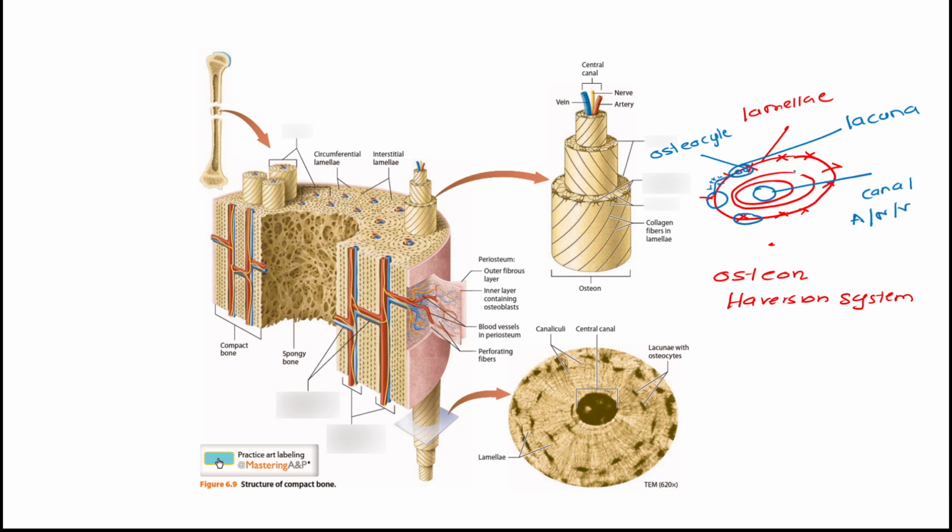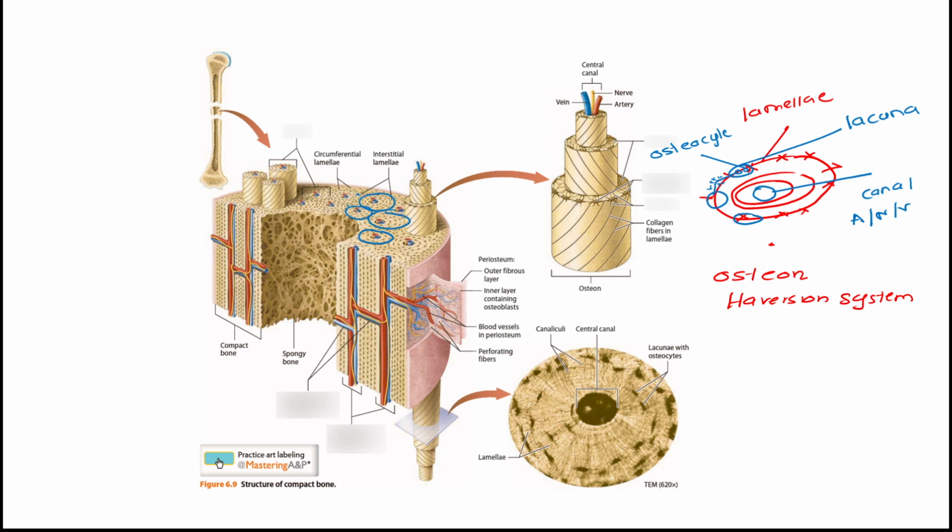As all of you know, these cells are living, so this requires its share of blood, oxygen, and other nutrition as well. This is brought about by the arteries that are found within the Haversian canal. So, this is a simple osteon. Now, there are multiple osteons present in a bony structure.